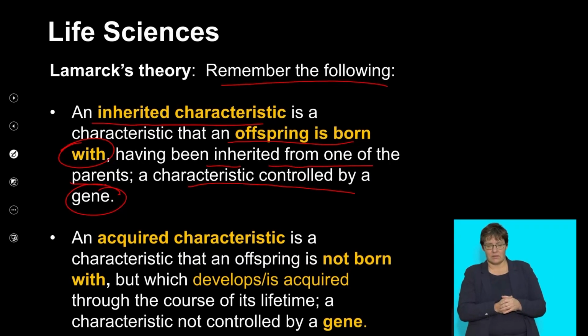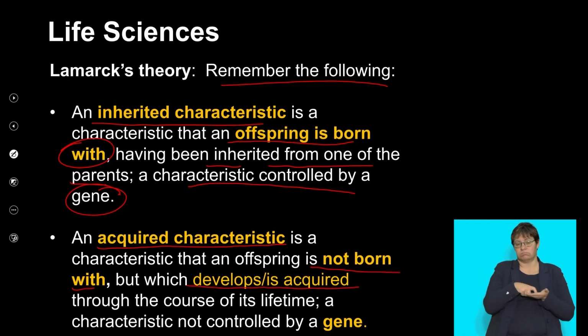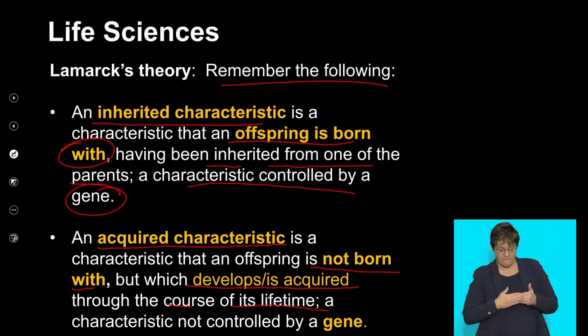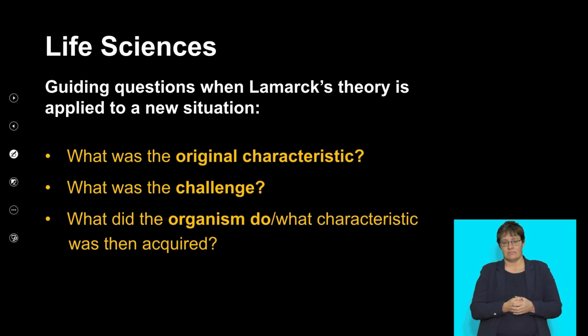We also need to understand that an acquired characteristic is a characteristic that an offspring is not born with, but develops or acquires through the course of its lifetime, and is not controlled by a gene. The guiding question when Lamarck's theory is applied to a new situation is the following.